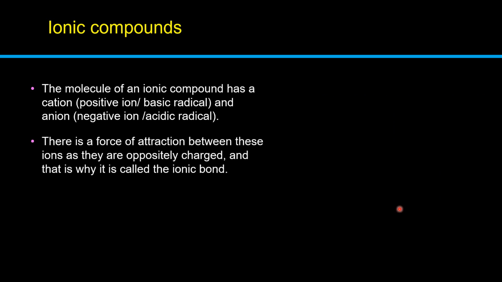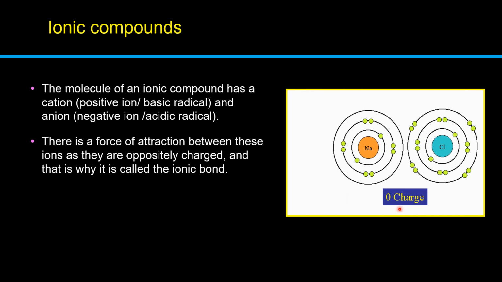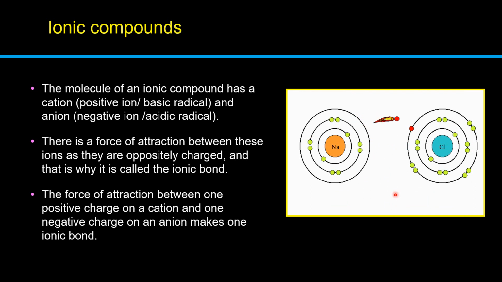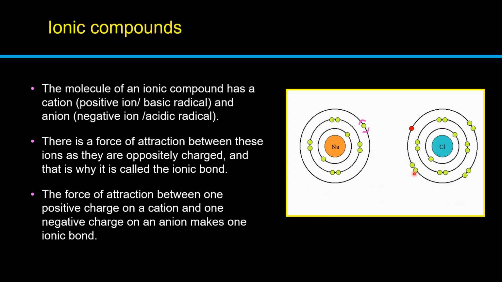There is a force of attraction between these two ions as they are oppositely charged, and that is why it is called ionic bonding. The force of attraction between the positive charge on a cation and the negative charge on an anion makes one ionic bonding.